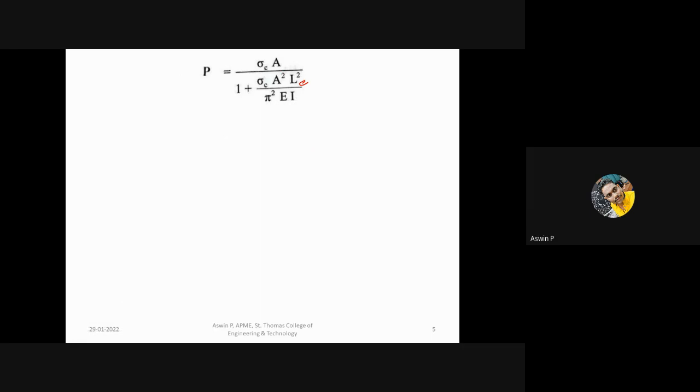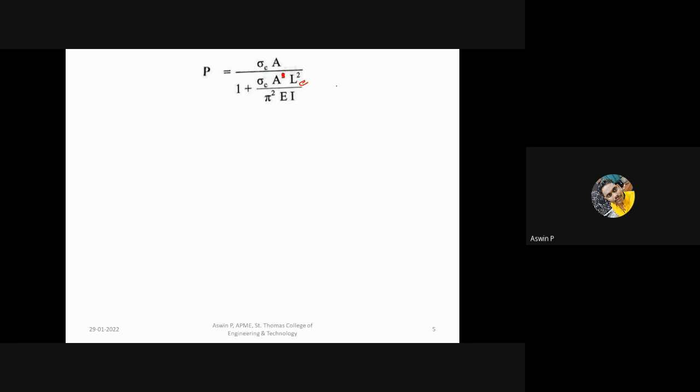There is no A square. That's a textbook mistake. That is A. Sigma C into A into L square divided by pi square EI. ആരെങ്കിലും എ സ്ക്വയർ എന്ന് എഴുതിയിട്ടുണ്ടെങ്കിൽ ഒന്ന് മാറ്റണേ. സ്ക്വയർ ഇല്ല ആക്ച്വലി അവിടെ.